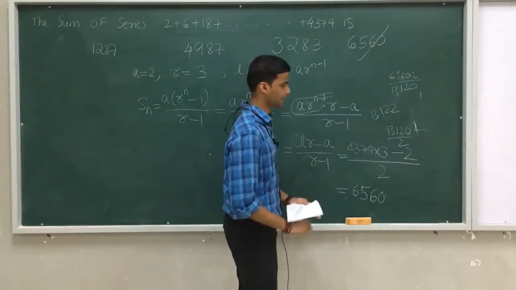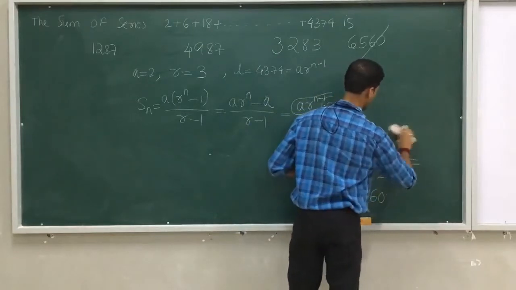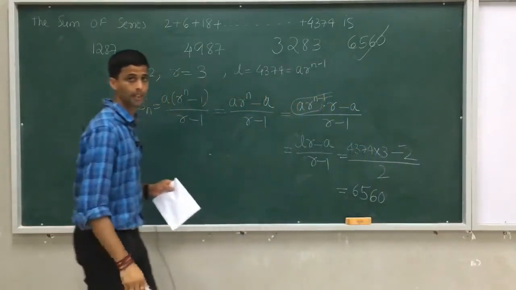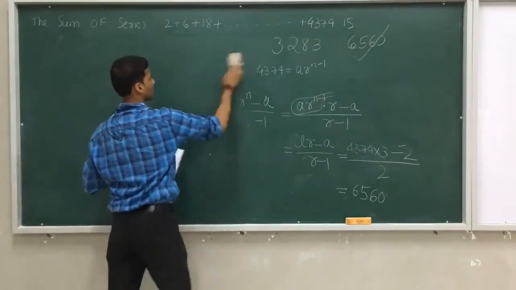As per the expectation, we got this answer. So 6560 will be the right answer, which is option D, or option 4.